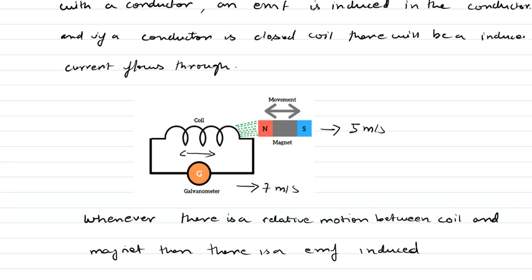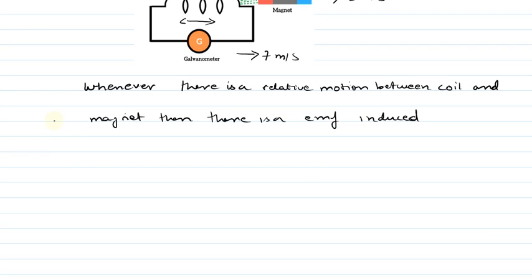Now let us talk about Faraday's second law. In Faraday's second law, the definition is that the magnitude of induced EMF is directly proportional to the rate of change of magnetic flux.